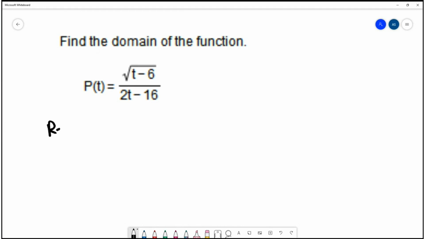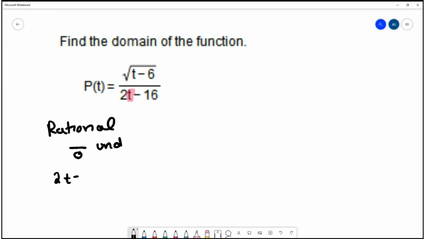What we know about rational functions is that division by 0 is undefined. So because we have this variable in the denominator, we need to figure out any value that causes the denominator to be 0 and exclude that value from the domain.